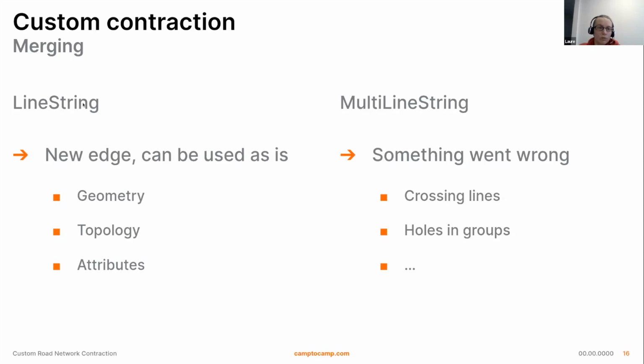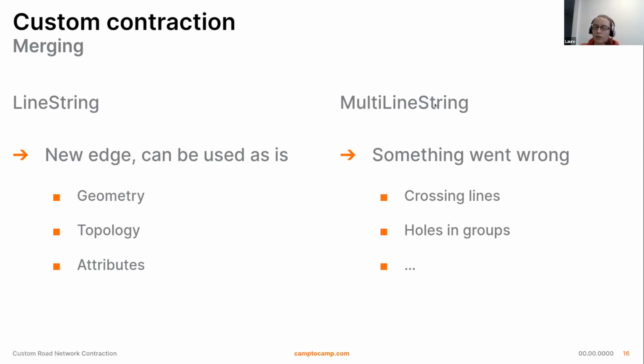When we get a line string, we are happy, we can use it. The geometry conforms to the previous edges' geometry. It's still topologically correct. The end and start of this new edge will match the end and start of the previous edges. And we were able to keep the attributes.